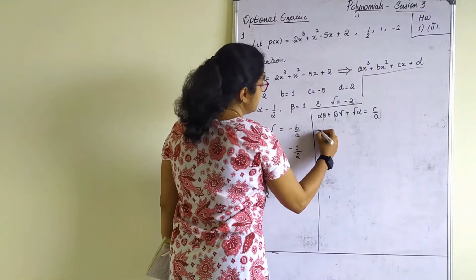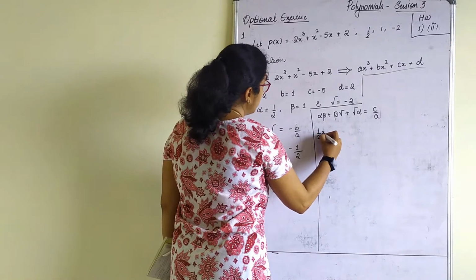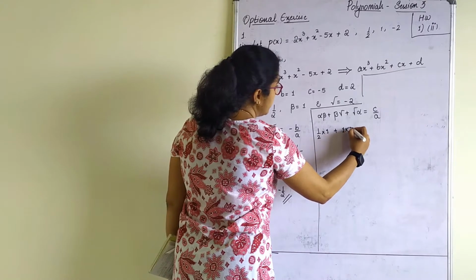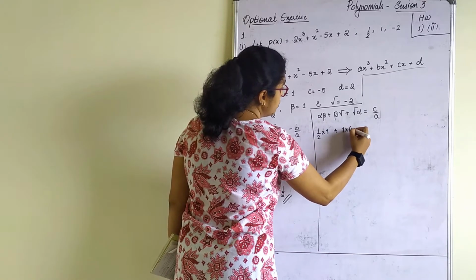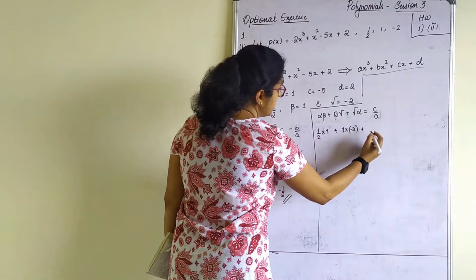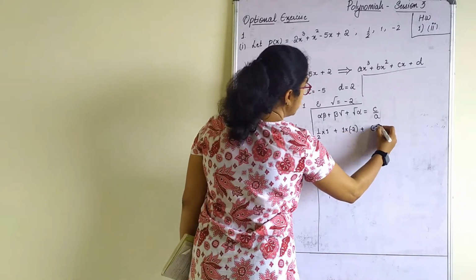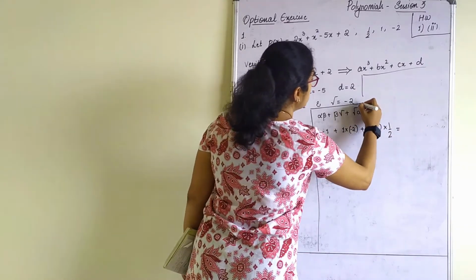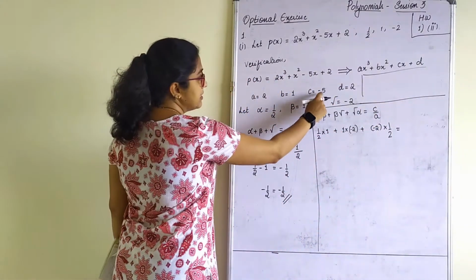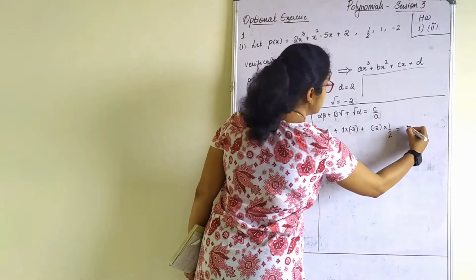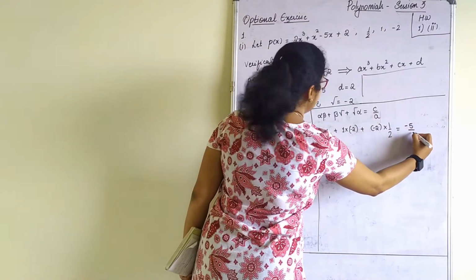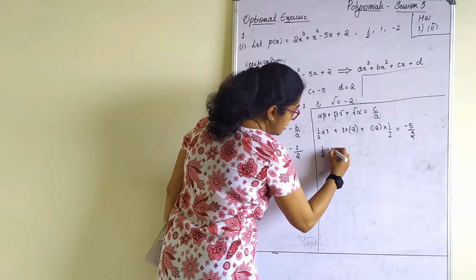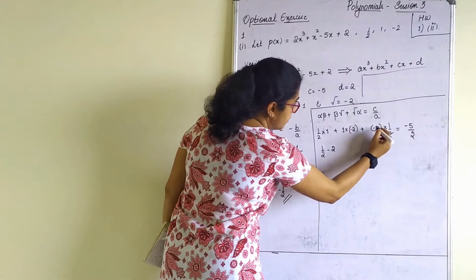Your alpha is 1 by 2 into 1 plus beta is 1 into -2 plus gamma is -2 into 1 by 2 is equal to C by A. C is -5, A is 2. Half into 1 is half. -2. 2 and 2 will get cancelled.